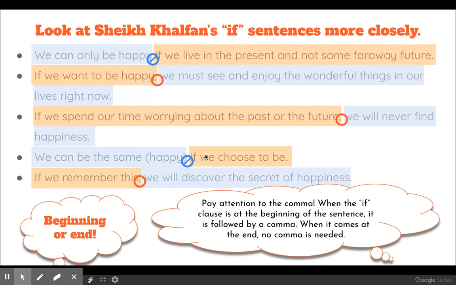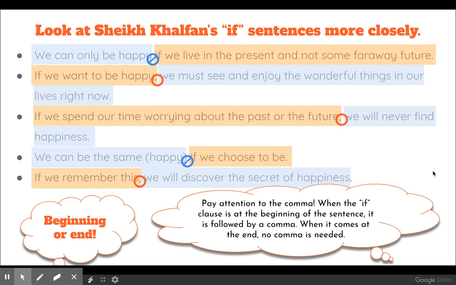When the if clause is at the beginning of the sentence, we follow it with a comma. If we want to be happy, comma. We use that comma to separate the if clause from the result or the advice clause. But when the if clause comes at the end of the sentence, for example here, there is no comma. That's a small punctuation rule that, if you use it correctly, shows your teacher you're really smart.